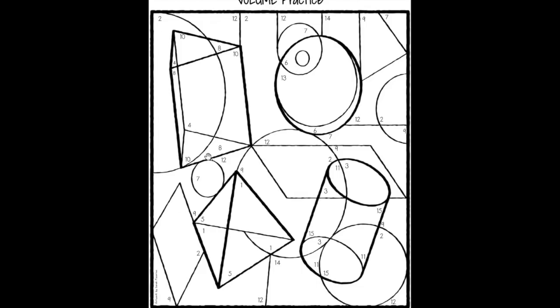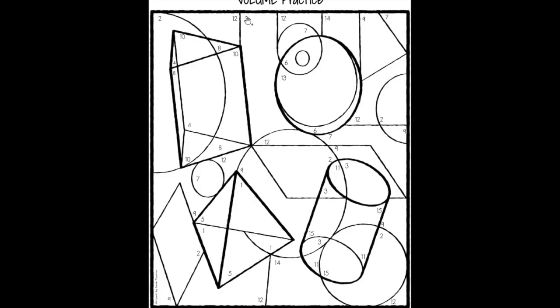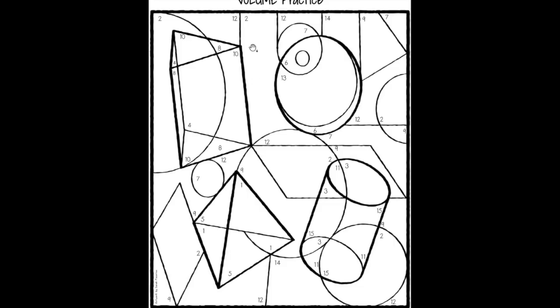If you answer 9, then for everything on the color sheet, you will find the number 1 and you would color everything orange. That's 1. For number 2, if you were to get 3 feet, you would color all the 2 slots green. So everywhere you see 2, you would color green.